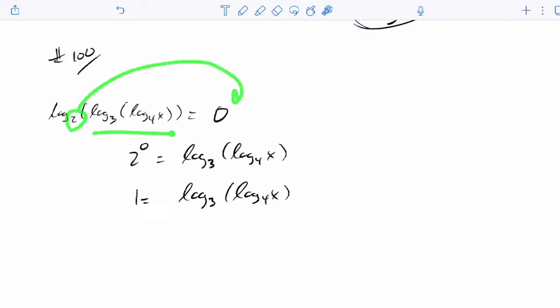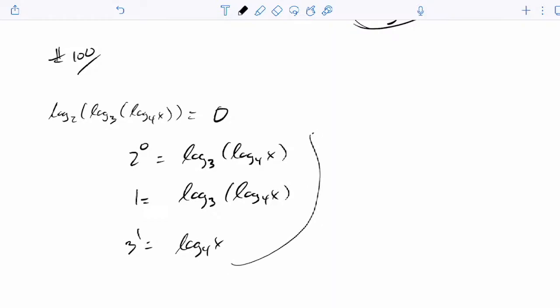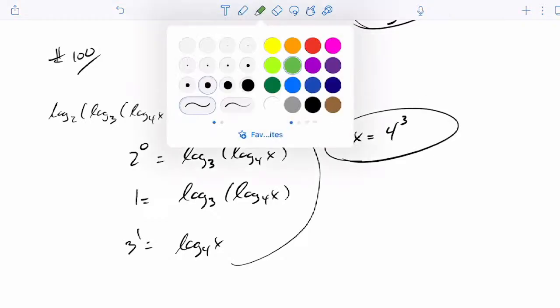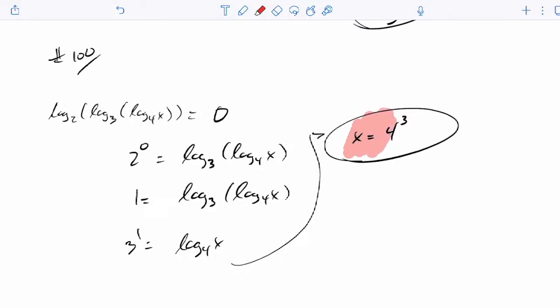It's equal to this. Then do it again. So 3 to the power of 1 is equal to log base 4 of x. So therefore x is 4 to the power of 3. So I know that x is equal to 4 to the power of 3. And if you take 4 to the power of 3, you get 64.